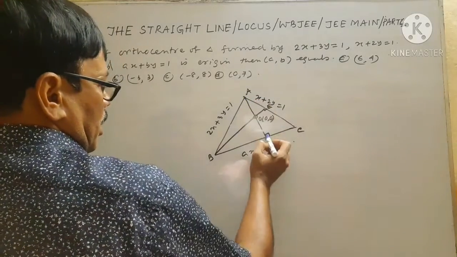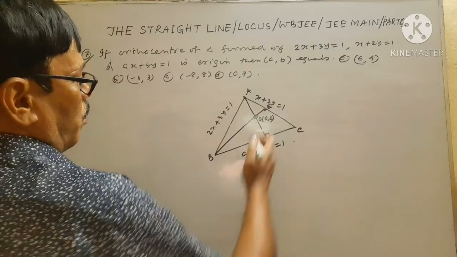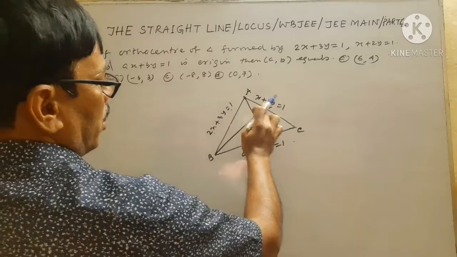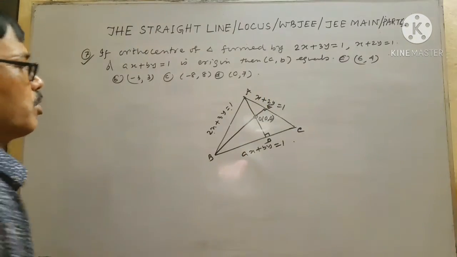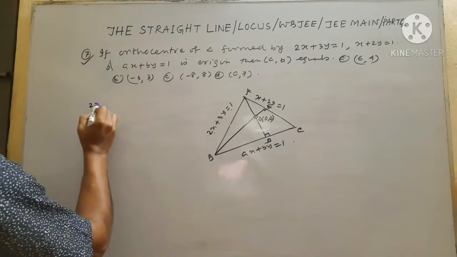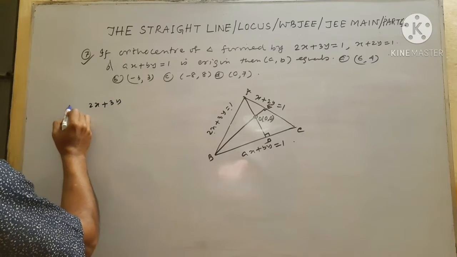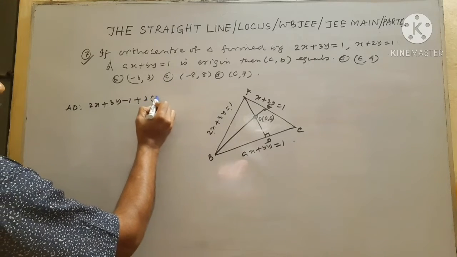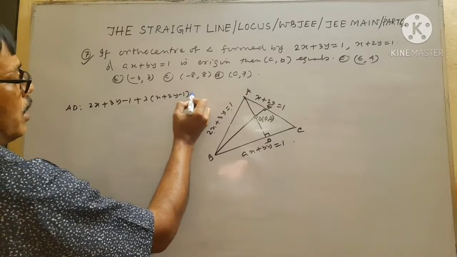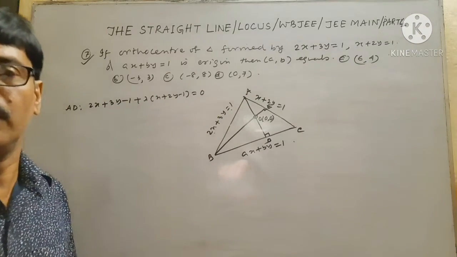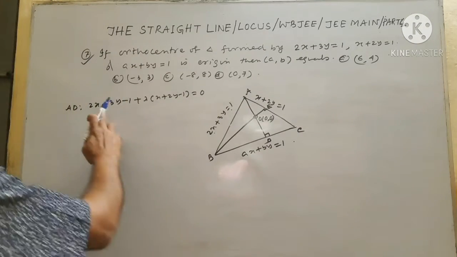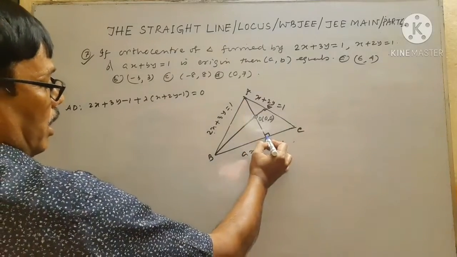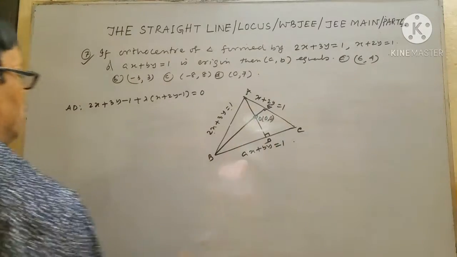Now, the equation of a line through the intersection of 2x + 3y = 1 and x + 2y = 1. So this is AD: (2x + 3y - 1) + lambda (x + 2y - 1) = 0. This represents AD if it passes through (0, 0).